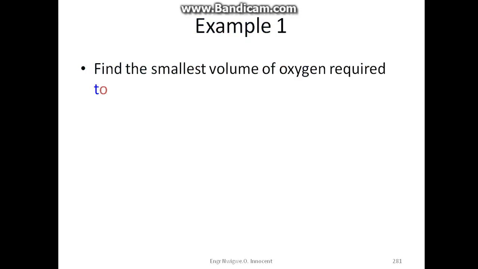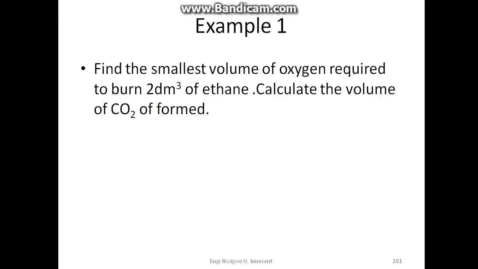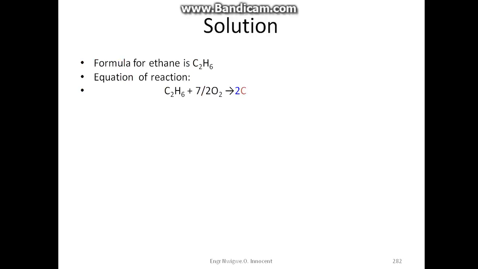Example 1. Find the smallest volume of oxygen required to burn 2 dm cube of ethane. Calculate the volume of carbon(IV) oxide formed. Solution. Formula for ethane is C2H6. Equation of the reaction: C2H6 plus 7 over 2 O2 will give 2CO2 plus 3H2O.